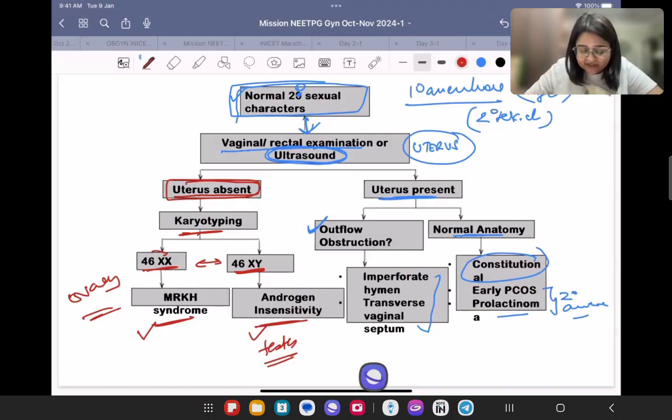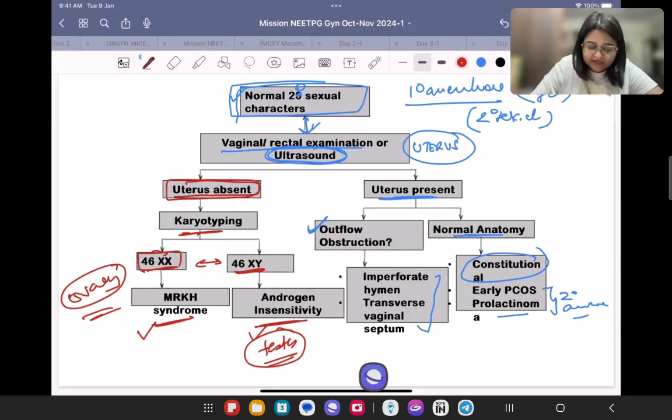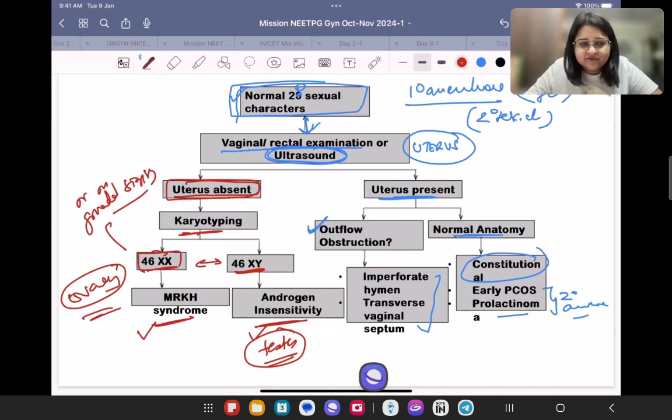So instead of giving you the karyotype, they may give you a clue that a gonadal biopsy was done and it shows ovarian tissue or testicular tissue. So you can differentiate based either on karyotype or on the basis of a gonadal biopsy. But gonadal biopsy is invasive, so we usually don't do that. We usually do a karyotype and that clears the difference.